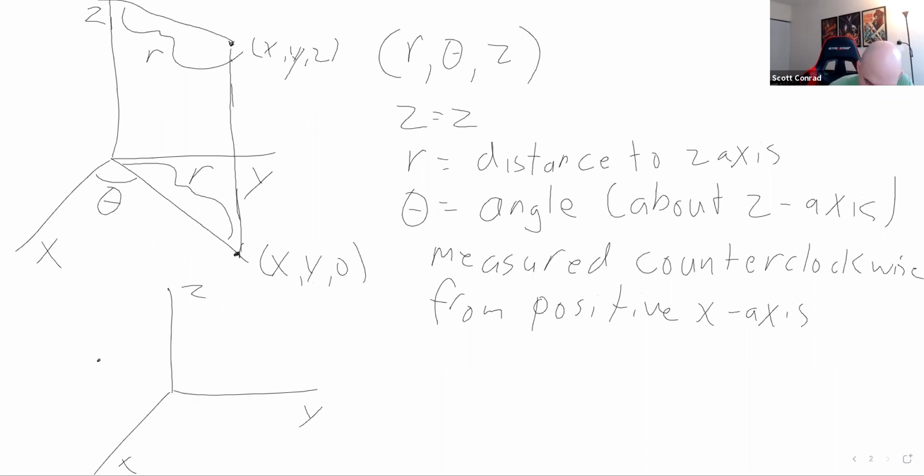So if we keep the same r, the same distance from the z-axis, and the same z, the same height, but we change theta to say pi over 2, now it's lying directly above the positive y-axis.